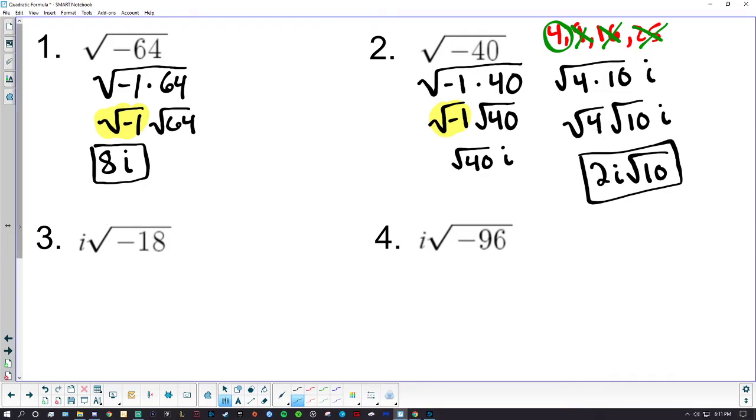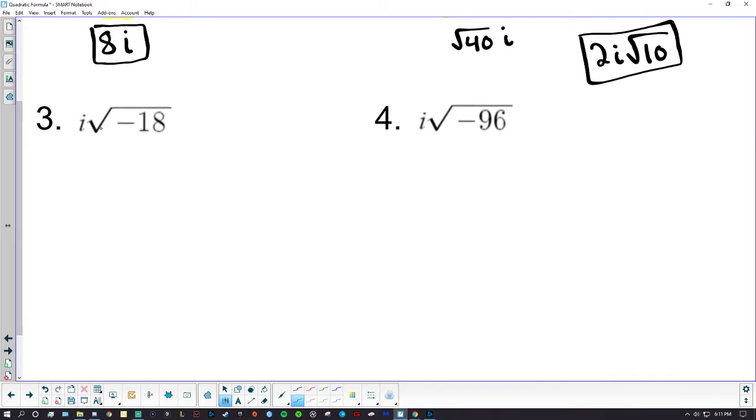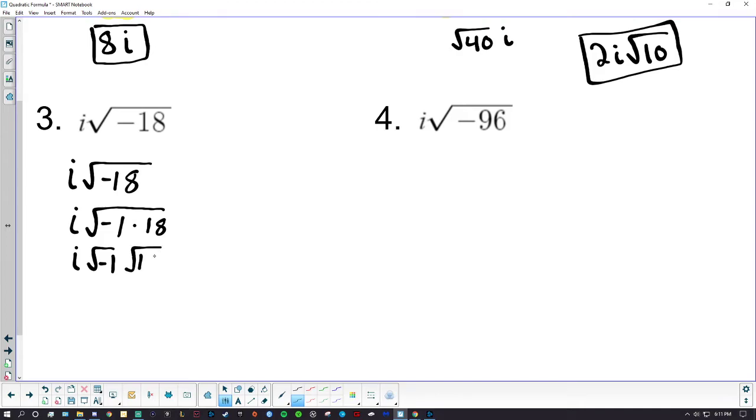Number 3, we have i times the square root of negative 18. Just like before, we want to focus on taking out this negative. So we have i square root negative 18. I'm going to pull out the negative 1: i times square root of negative 1 times positive 18. We can then split it into i square root negative 1 square root 18.